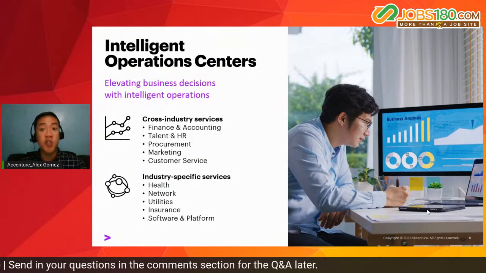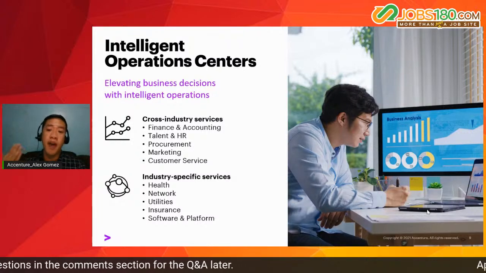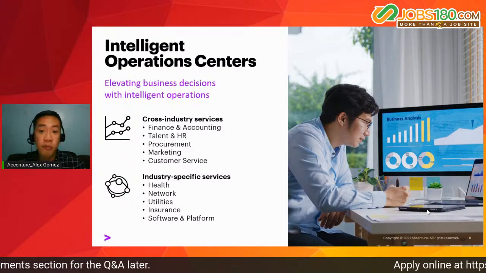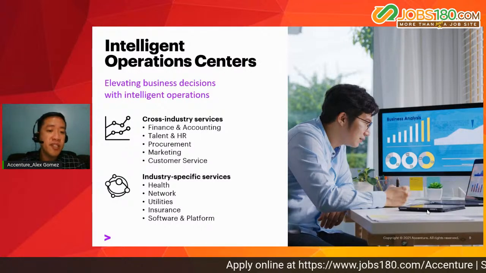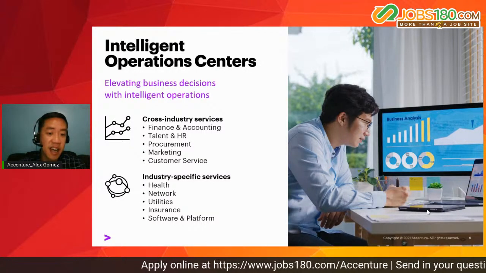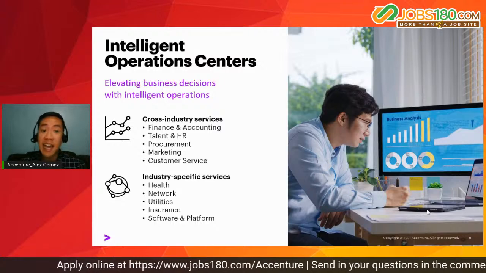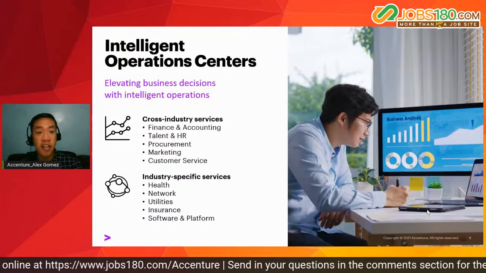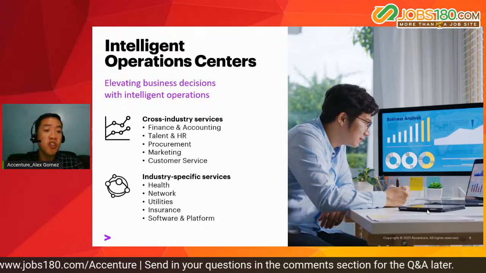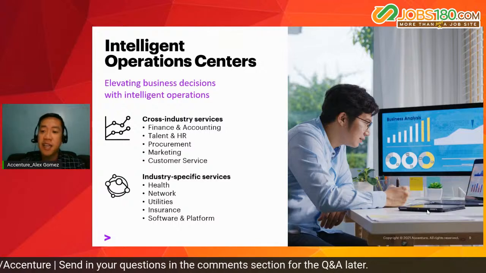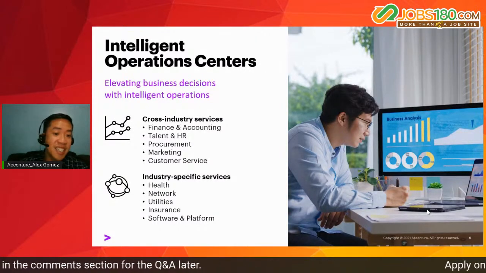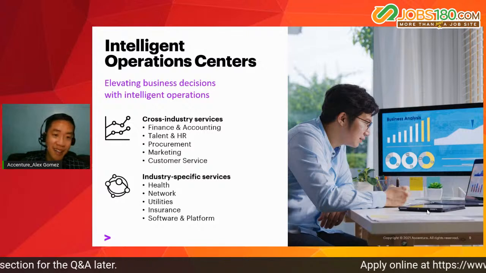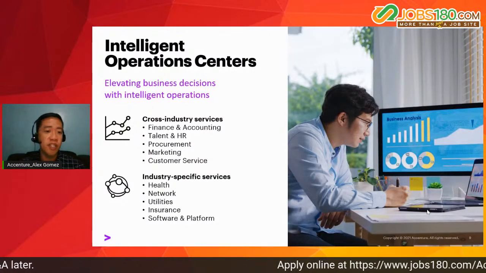Based on what you have studied, or what you have been eyeing or dreaming to be part of, you can look at cross-industry services such as finance and accounting, talent and HR, procurement, marketing, and customer service. You can also look at industry-specific services: health, network, utilities, insurance, and software and platform. So there are a lot of opportunities you can choose from.